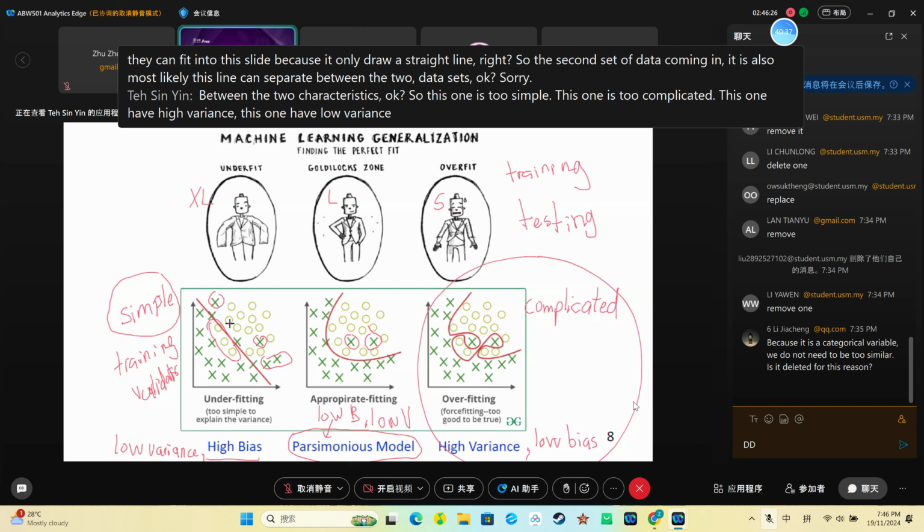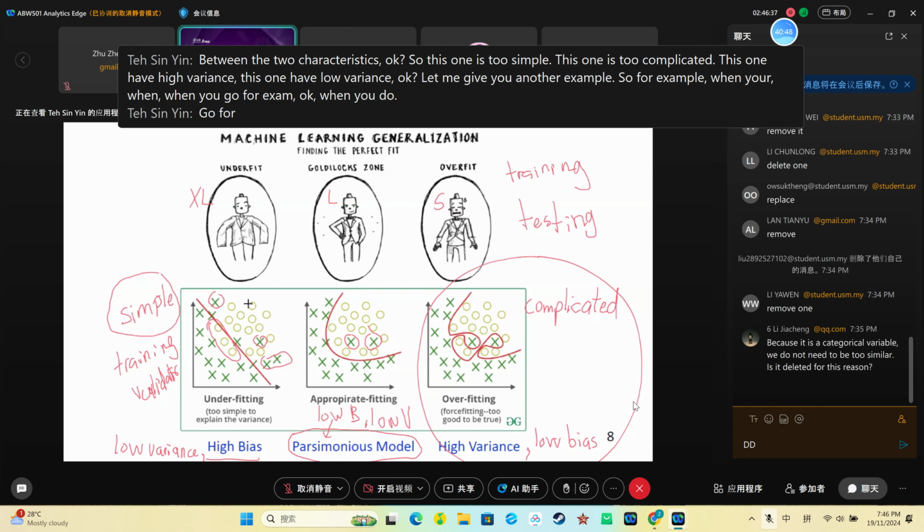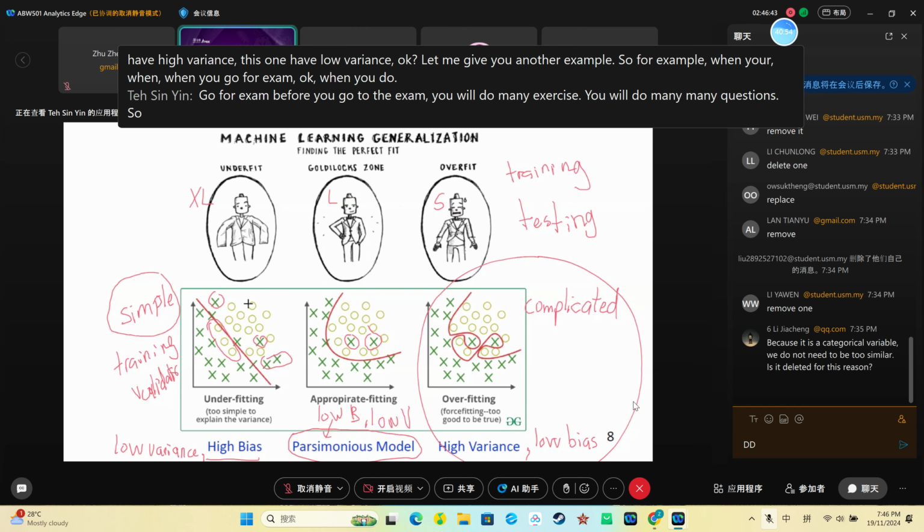Let me give you another example. When you go for an exam, before you go to the exam, you will do many exercises. You will do many questions. Let's say the questions that you do are very complicated.